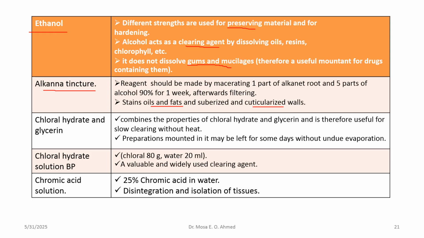Besides, the presence of glycerin with chloral hydrate can aid the preservation or retention of chloral hydrate for several days without evaporation. يعني لو عايزين نعمل clearing في نفس الوقت عايزين نحافظ على structure of our slide أو our sample, we can use chloral hydrate and glycerin. والميزة الثانية إنه بيعمل clearing من غير ما نحتاج للتسخين. دائما الكلوروهيدرات عشان نعمل bleaching أو clearing يتطلب استخدام الحرارة أو التسخين.